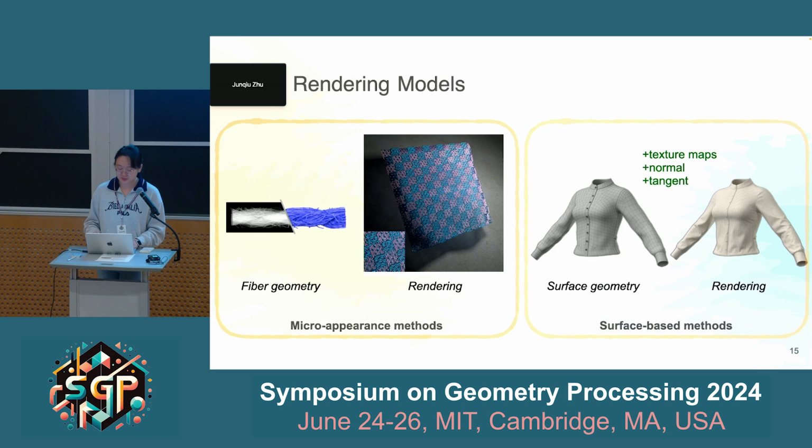However, this approach fails to model the anisotropic highlight and the effect of multiple scattering, so it is only used for very simple real-time rendering. An initial improvement is to store the tangent directions of fibers in additional texture maps and use anisotropic shading models.